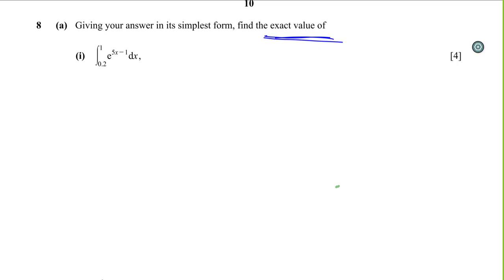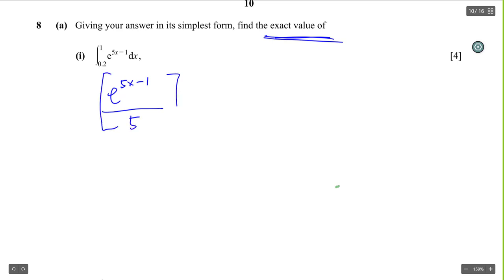So we'll just integrate this one. This will be e to the 5x minus 1, divided by 5, between 1 and 0.2. I'll sub in the 1 first. So sub into here is e to the 5 minus 1, which is 4, over 5. Minus, the 0.2 sub into here is just nice: 1 minus 1, e to the 0 over 5. e to the 0 will be 1.